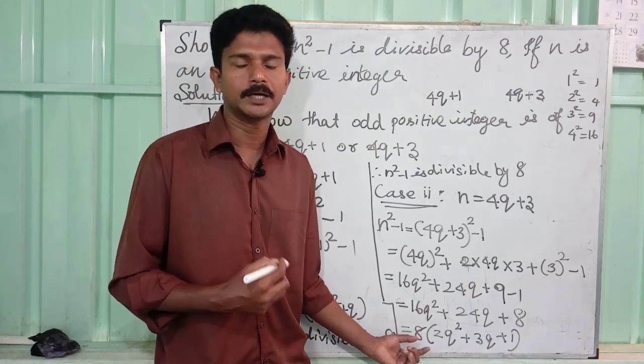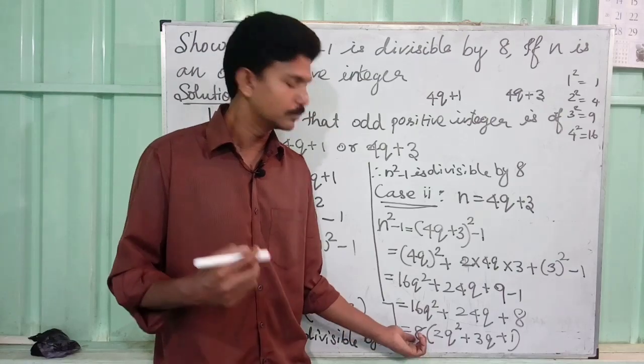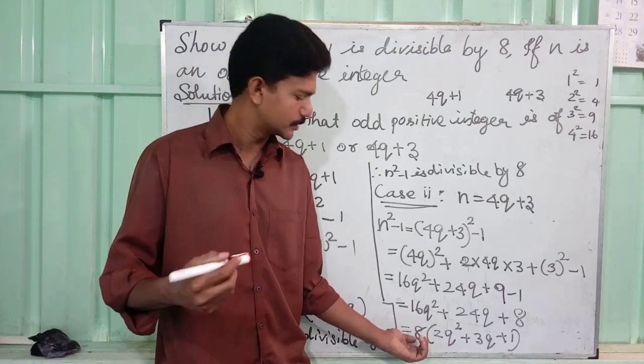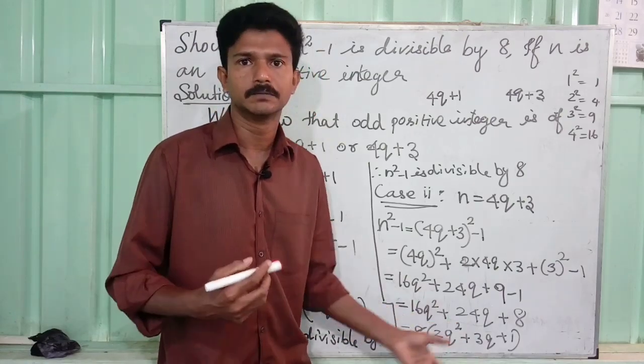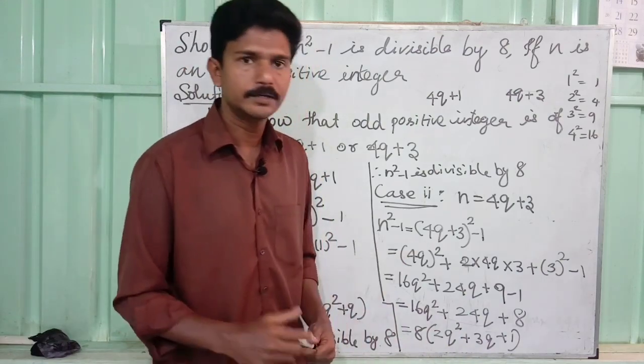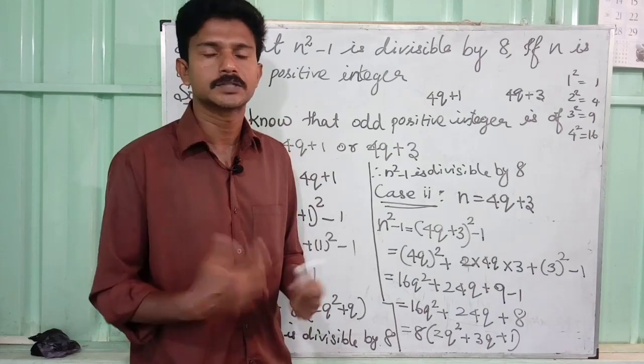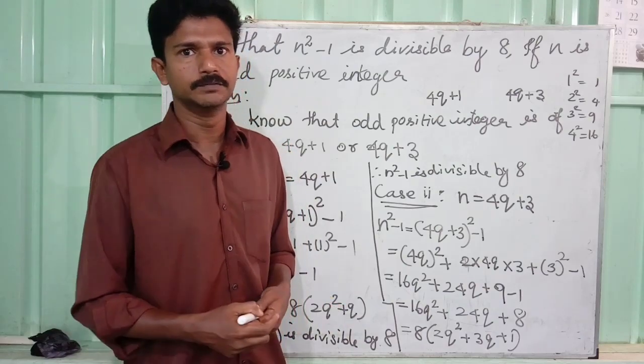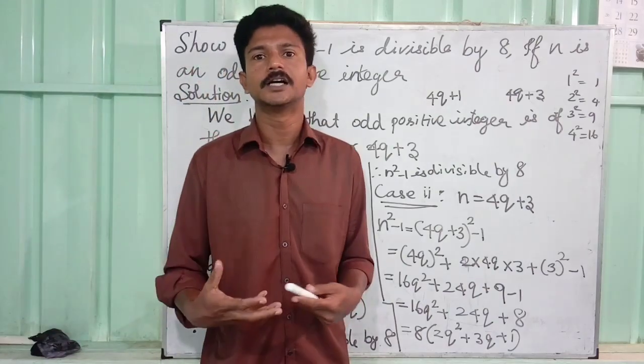In this step you may have a little confusion. Just understand that it is 8 into some number, right? So we can divide this by 8, and the 8 will be cancelled. That is another way, division by factorization, that we learned in 8th standard.